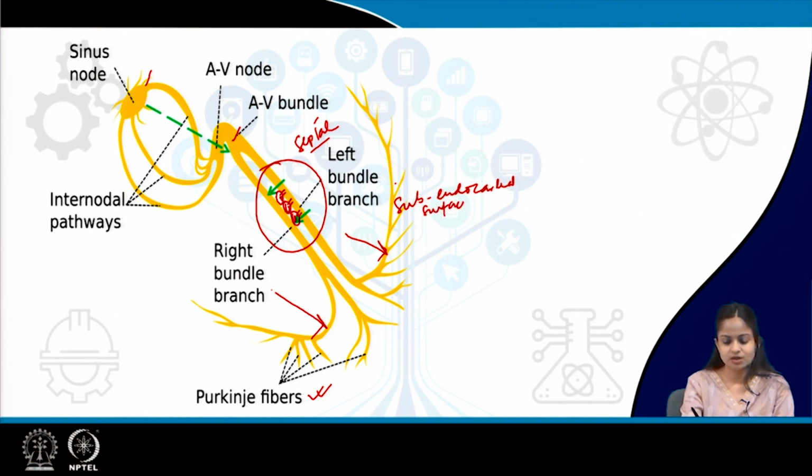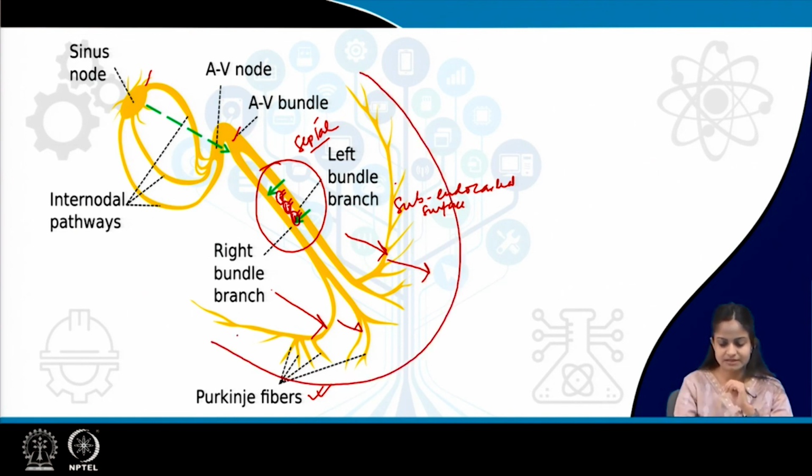Subendocardial surface means it is towards the inner myocardium, and so the depolarization wave will pass from the inner myocardium to the outer myocardium. If this is the apex, this is the inner myocardium and this is the outer myocardium or epicardium.